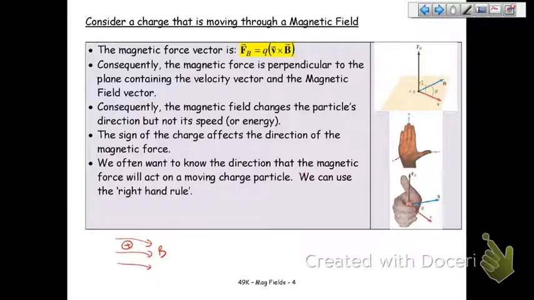Well, that's weird. The faster you go, the bigger the force. What makes it even weirder is it's to the side. It's at 90 degrees to my velocity. What happens when you have a force that's at 90 degrees to your velocity? We did this in Physics 1. What happens?